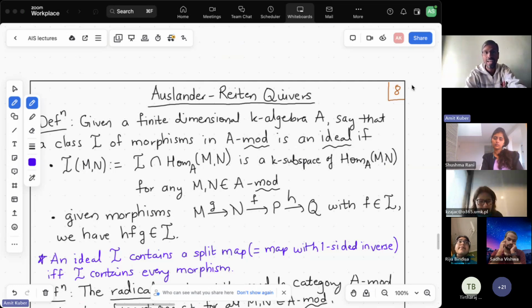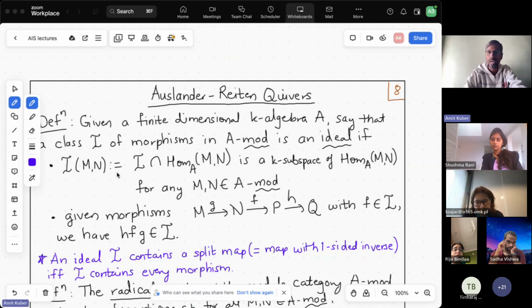Then it's a two-sided ideal, so it should be closed under multiplication by ring elements on either side. So let us see. A class I of morphisms in A-mod is an ideal if, well, I'm defining a new notation: I(M,N) is the collection of those morphisms in the collection I whose source is M and target is N.